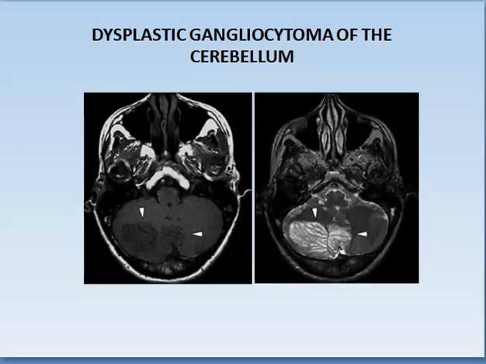And lastly, we have the dysplastic gangliocytoma of the cerebellum occurring in young age, keeping everything in place. There is no definite mass effect, but the texture is dysplastic. The cerebellum is dysplastic. It is called dysplastic gangliocytoma of the cerebellum.